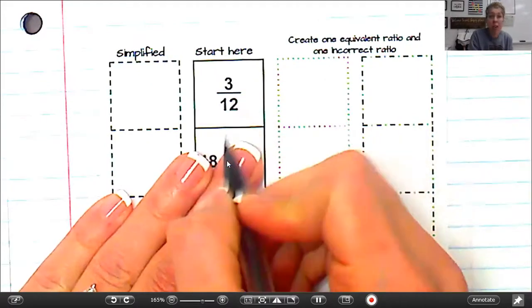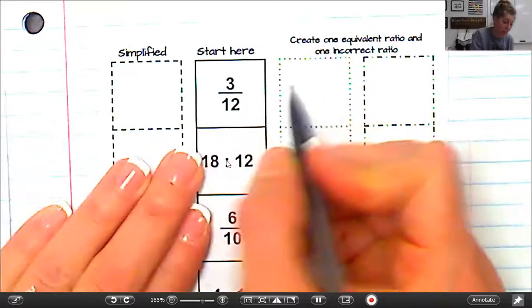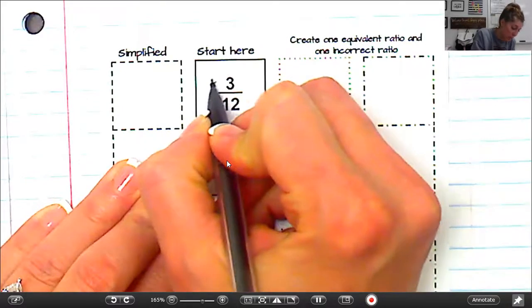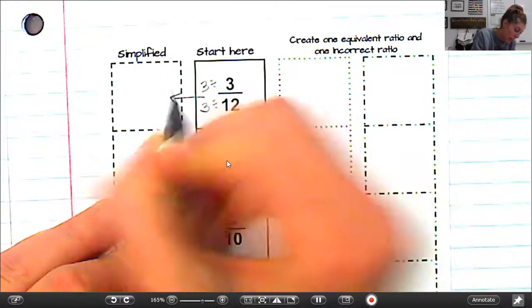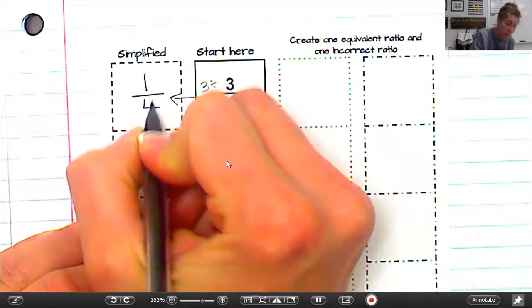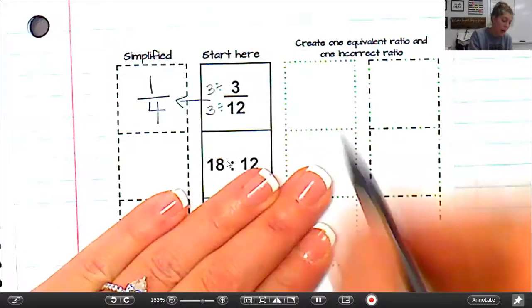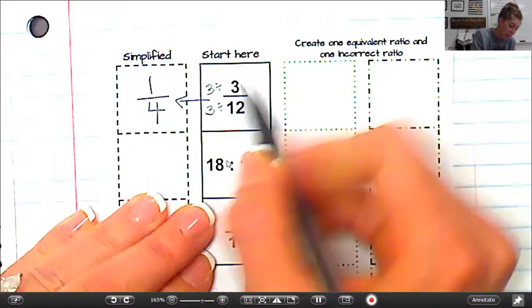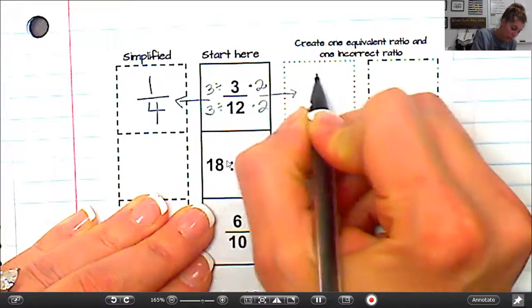So for 3 over 12 or 3 to 12, we can just think about it as a fraction. So I'm going to divide by 3, that's their common factor, to get 1/4 as my simplified ratio, right? Now I could easily just double this to go the other direction, right?